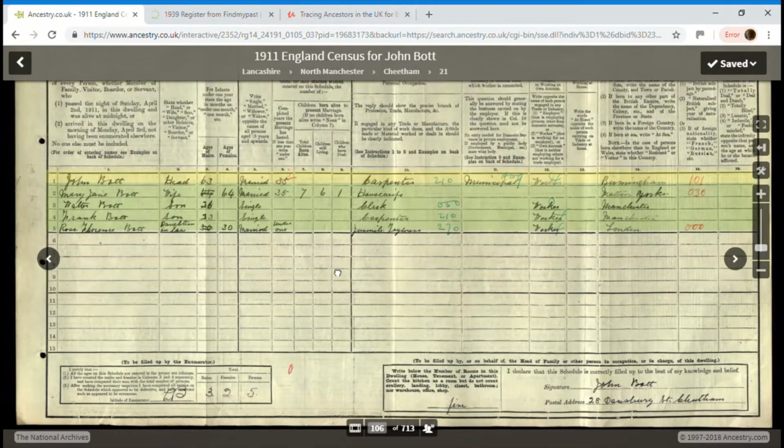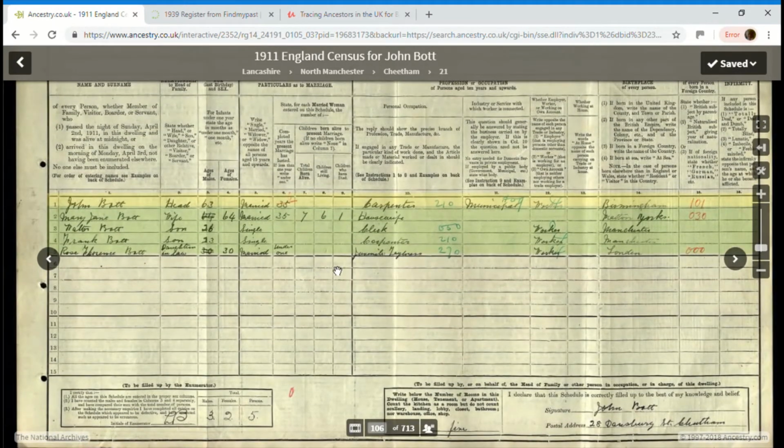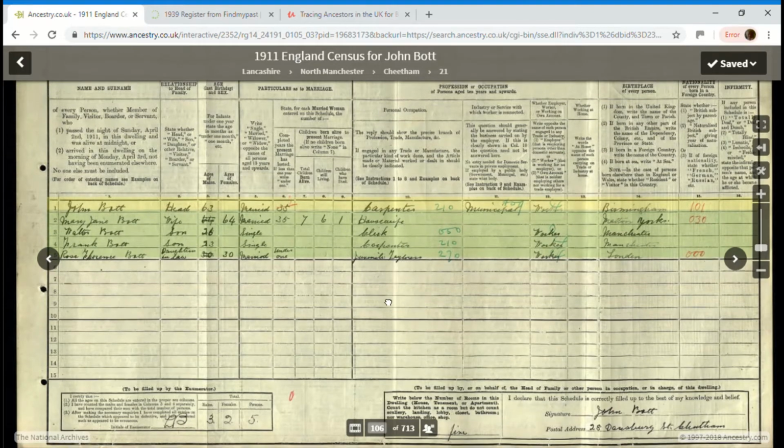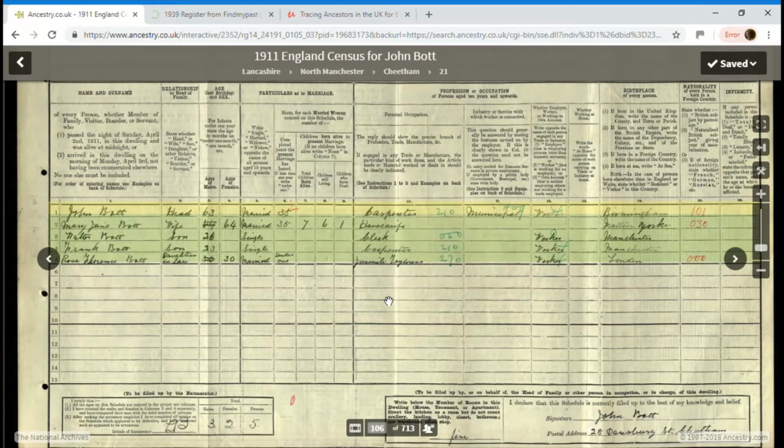So that's interesting. It's always interesting to look at who else is in the household as well as the immediate family, because it can lead you to other bits of information. So, relationship to head of family. We have the head of household. That's always the top one.